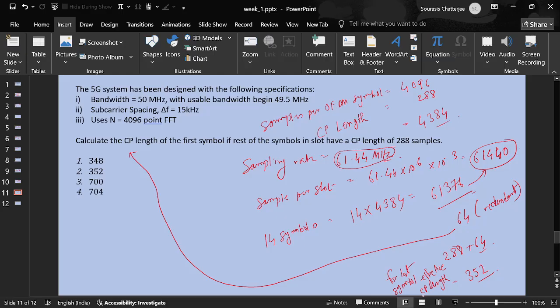As per my understanding, as of now, the base station instructs the user, I mean, in this time-frequency grid, which symbol and which subcarrier it should look into for its information.